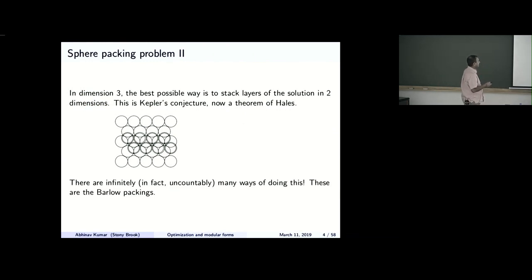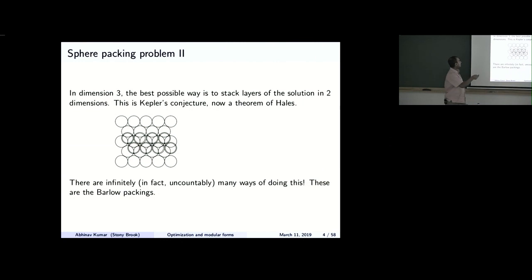In the hexagonal layer you have holes like this one, this one, this one, and so on. You could choose a set of holes which are an identical copy of the first layer, and continue it through, and that's the second layer. But you could also have chosen this one instead.